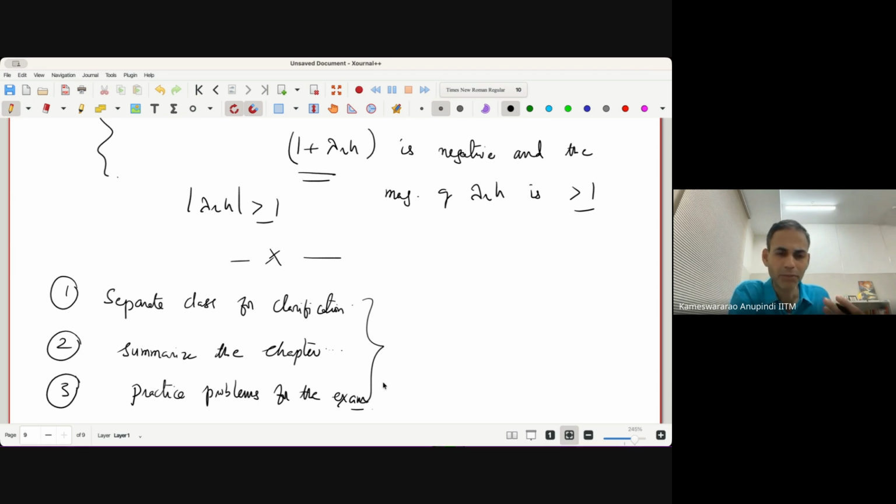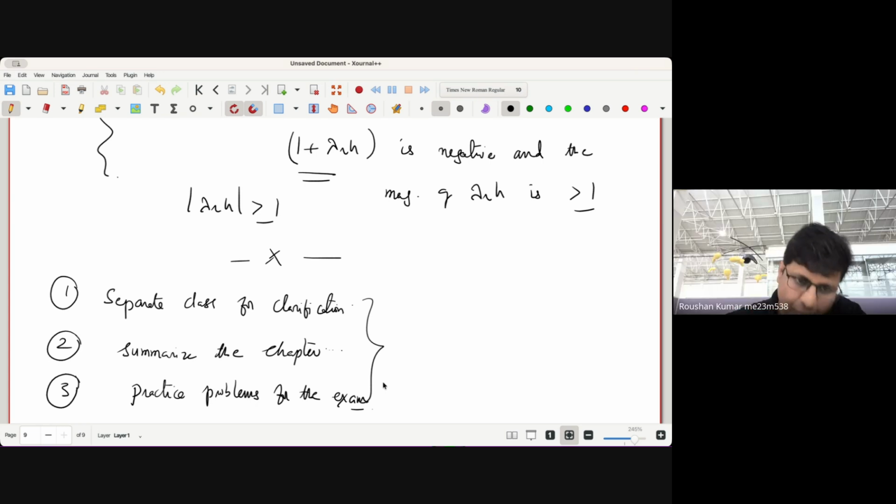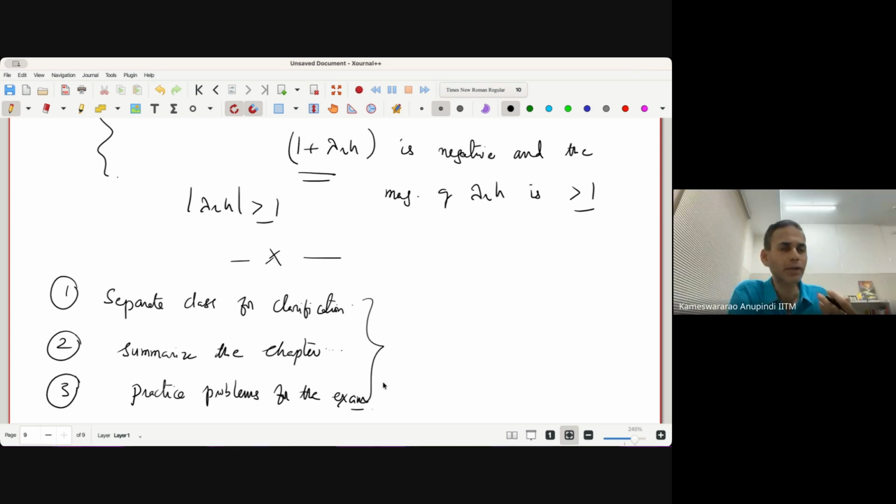I may not give you a solution, but you can go back and try solving them. This should get you prepared for the exam. Although you're solving the assignment, I think it is better to have some practice problems, some preparation for the exam. You can expect similar things in the exam. It may not be the same numerical method, but once you practice, you'll be better off in the exams.